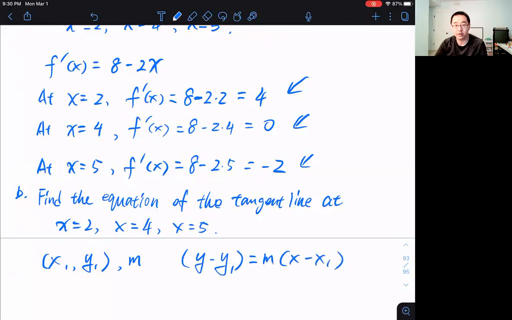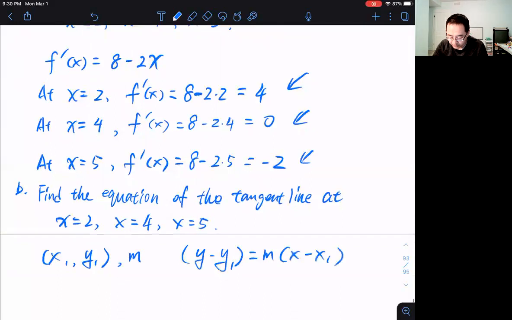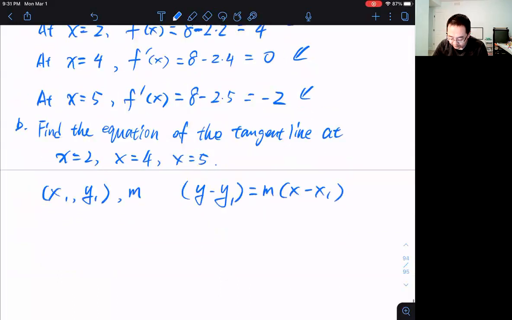This is the point-slope method of finding the equation of a line. We talked about that several weeks ago, so this is a quick review.